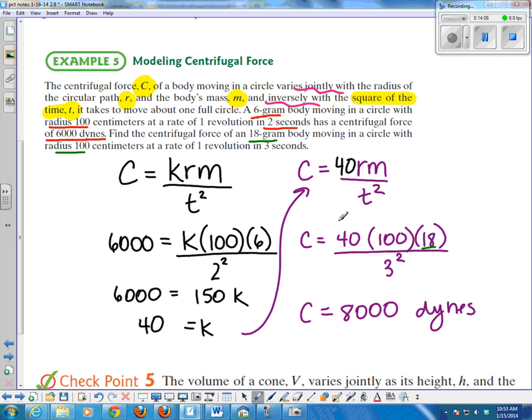Moving in a circle with radius 100 centimeters, so 100 is here. At a rate of 1 revolution in 3 seconds, so the time is now 3. Okay, so you simply plug and chug here, multiply these, divide by 9, and you get the force to be 8,000 dynes.